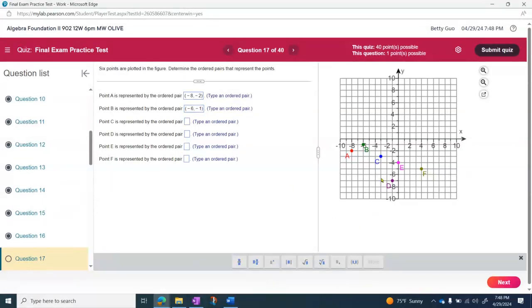And then C. C is in quadrant 3 as well. -3, comma -3. This makes it very convenient.